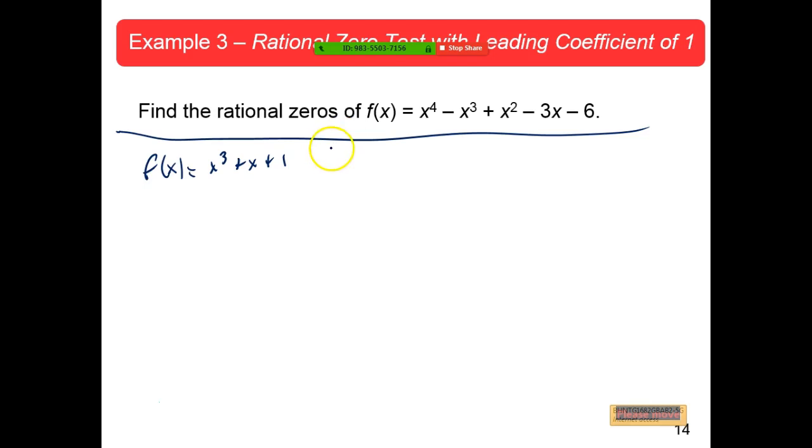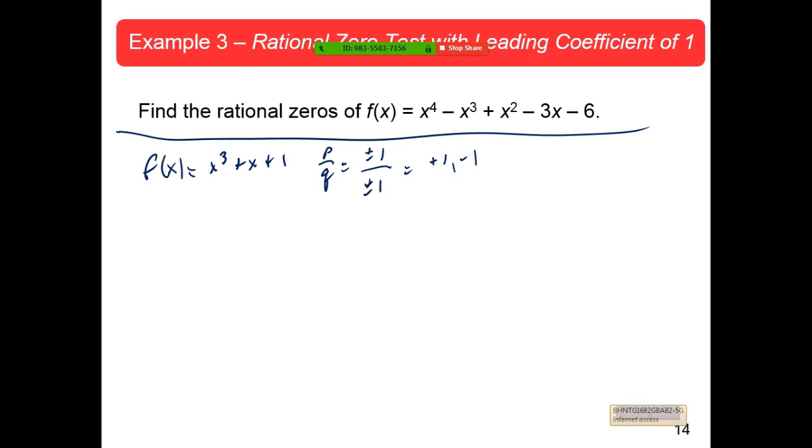Rational zeros are going to be of the form p over q, where p is all the possible factors of your constant term, plus or minus 1, divided by all the possible factors of the leading coefficient, which are also plus or minus 1. So there are only two possibilities, plus 1 and minus 1.